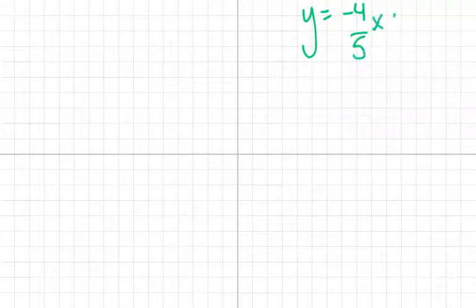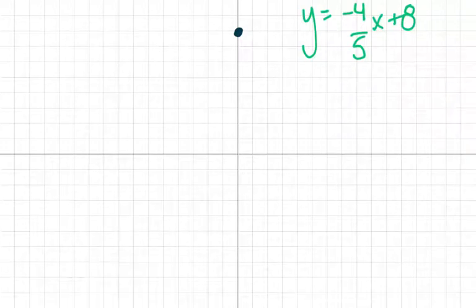So if I grab a piece of graph paper here, let's see. I'll want it with lines. Okay. The first thing that I'm going to do, again, I'm graphing -4/5 x plus 8. I'm going to start at my 8 as my y-intercept, so 1, 2, 3, 4, 5, 6, 7, 8 up here.